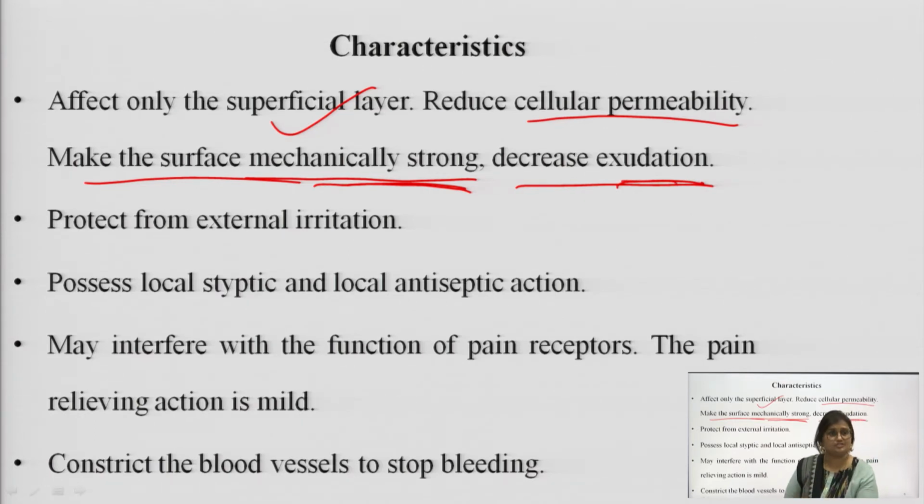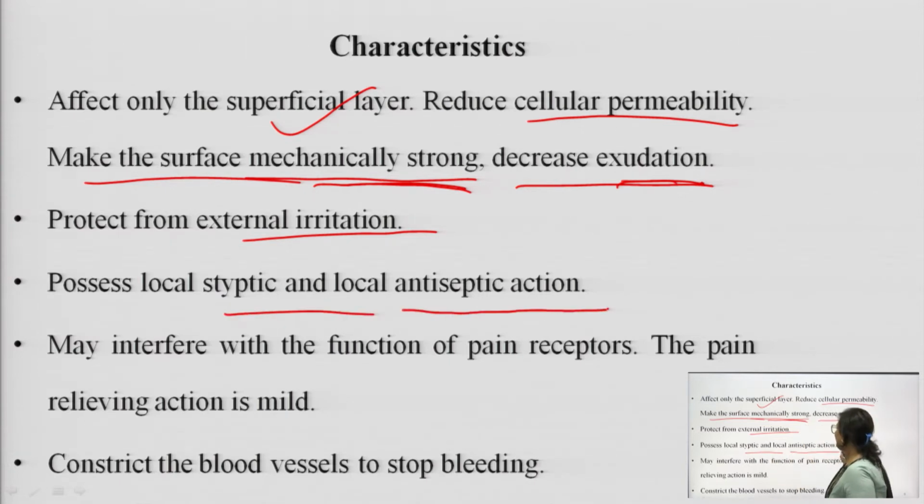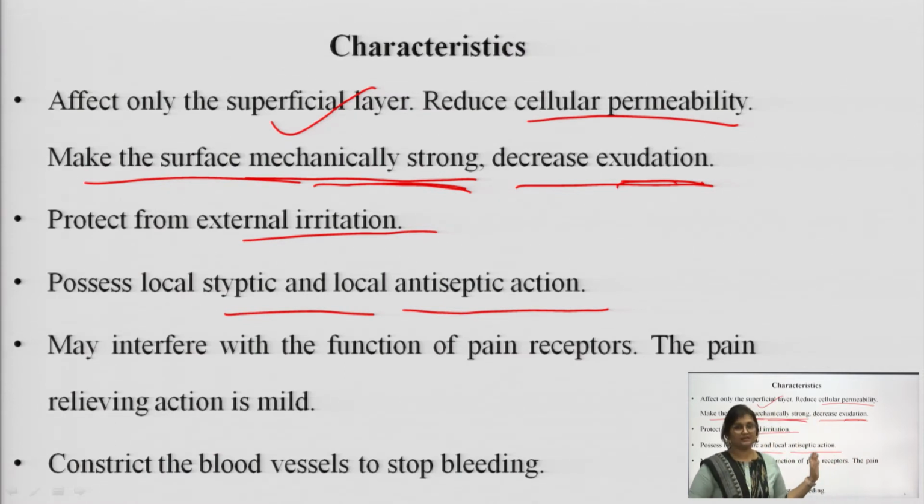Okay, astringents protect the tissues from external irritation as well. Astringents have protective action on the tissues. Next, they possess local styptic and antiseptic action. A very important characteristic of astringent is they show antiseptic activity.